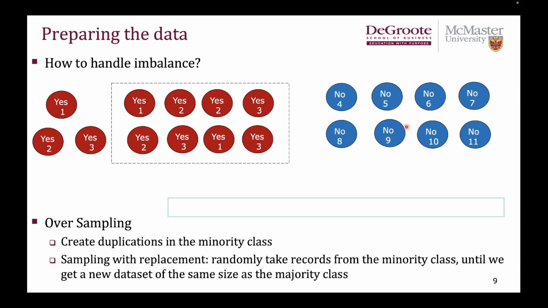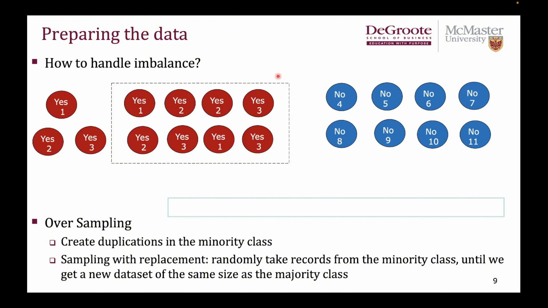Right? Of course, we'll have some duplications, right? Because how can you create 8 records from 3 records without duplication? That's not possible. Right? So you look at the red balls after oversampling, there's quite a bit of duplications. Right? We have 3 number 2 yes records, we have number 3 yes records, and we have 2 number 1 yes records.